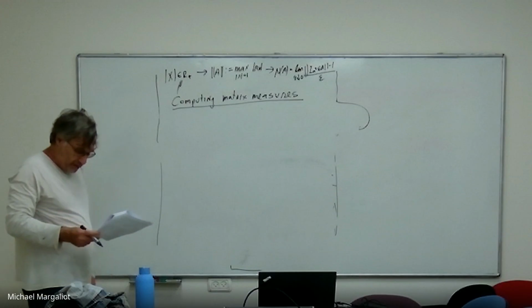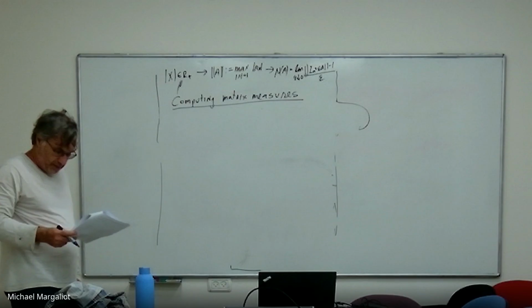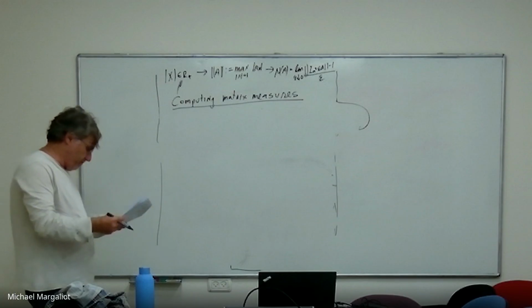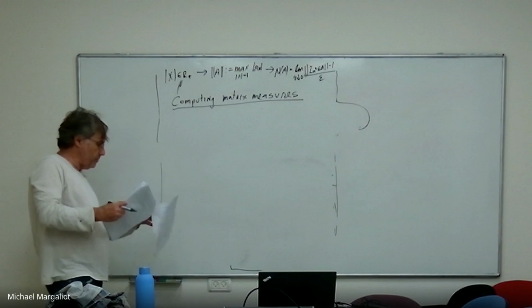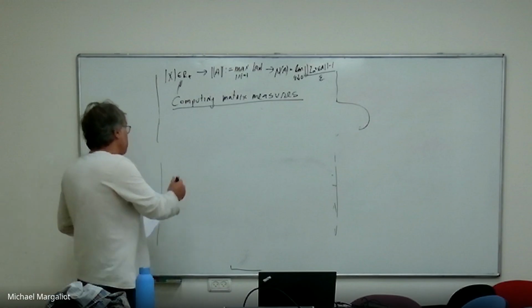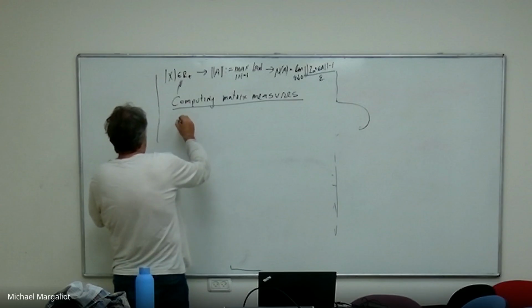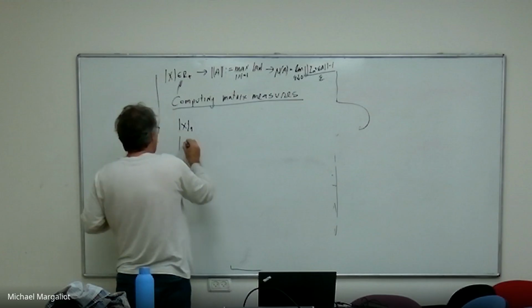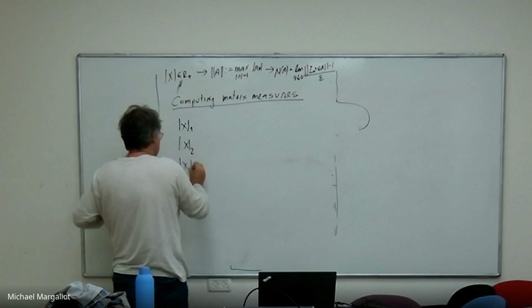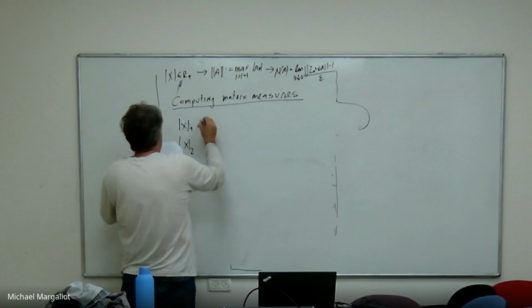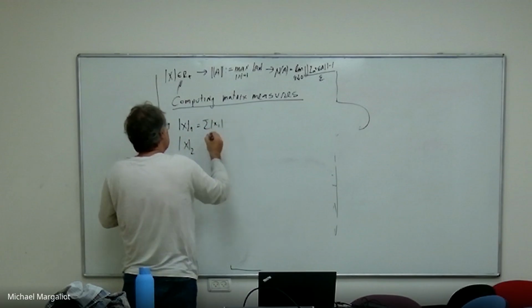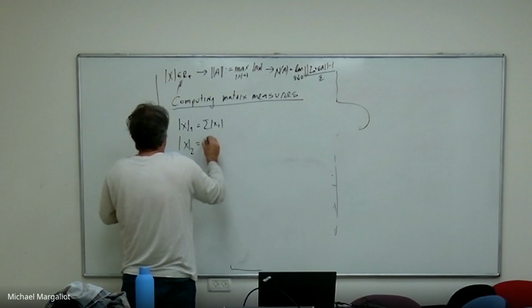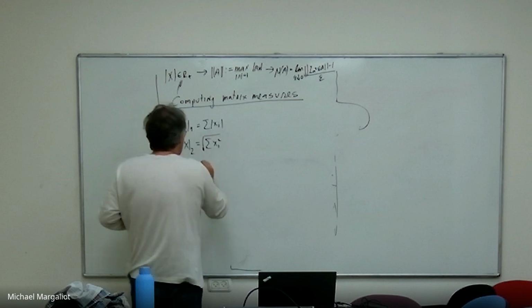I need somehow to look at A and understand what the matrix measure will be. How can I estimate the matrix measure? First of all, in the lecture notes that I will send to you, there is a table. Let me write down this table. In this table, there are 3 vector norms. This is the sum of the absolute values of the x_i's. This is the square root of the sum of the x_i squared.